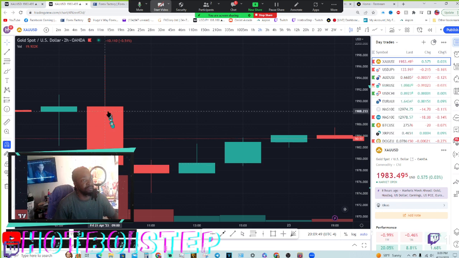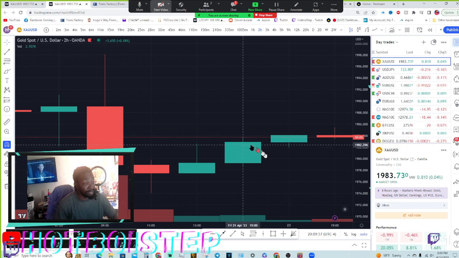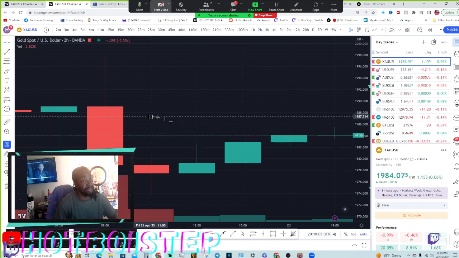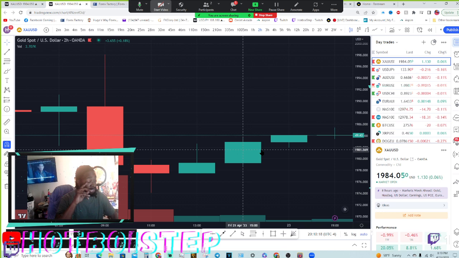See how it went from higher to lower? So basically these green candles are signifying that it started off lower and ended up higher and it went up. And these red candles signify that it went from a price that was higher and it went lower. So that's basically what the candle is saying.